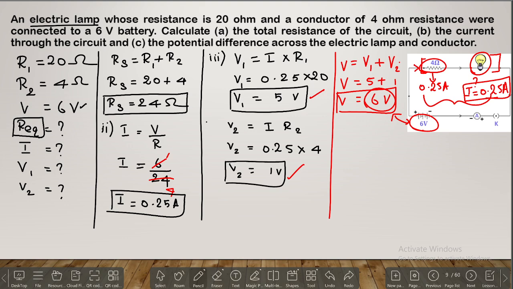Clear? So you can say that the net potential difference will be equal to the sum of potential difference which is created across the ends of each resistor. If you are observing these two values, both the values need to be same. Then you can say that the answer you found is going to be correct.